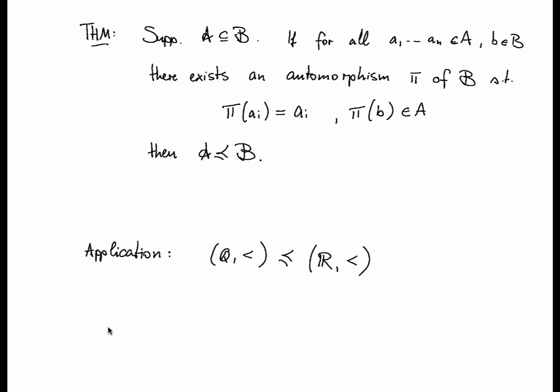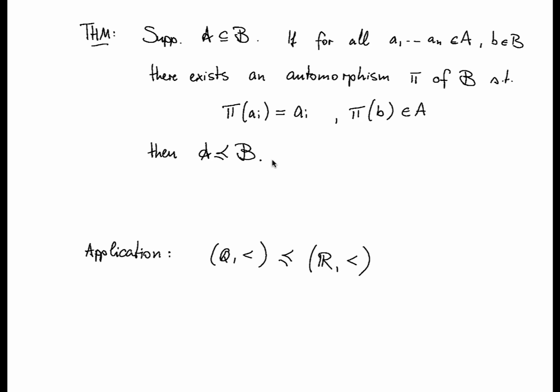The Tarski-Vaught test yields also the following criterion for being an elementary substructure. Namely, if we have A given as a substructure of B, and for all a1 up to an in A and b in B, we can find an automorphism pi of B such that this automorphism leaves the ai's fixed and moves b in B into A, then we have an elementary substructure.